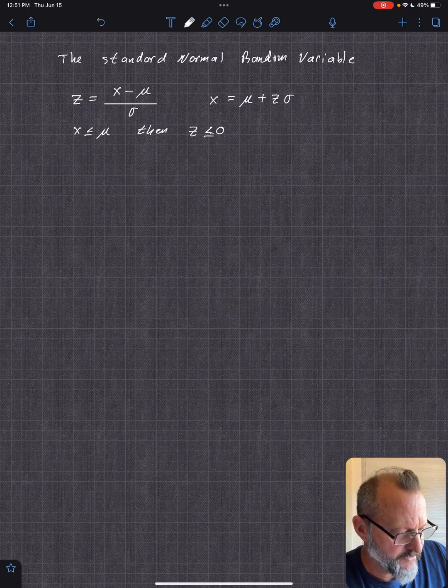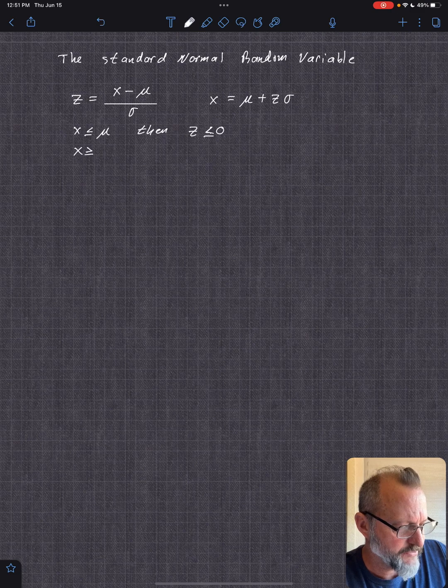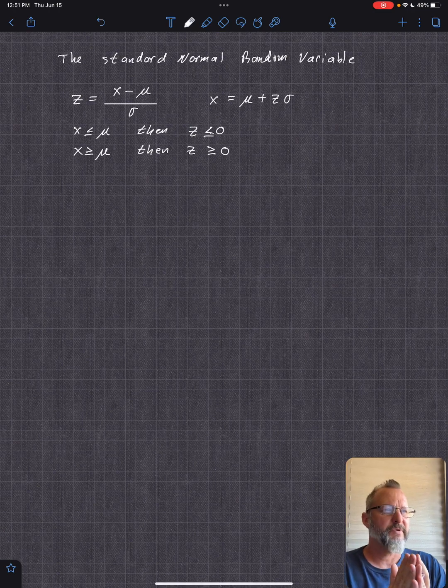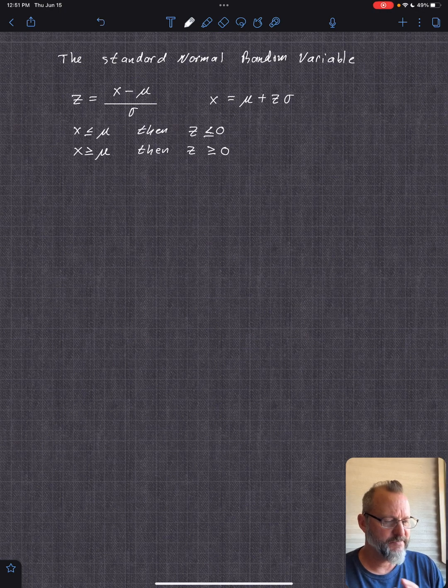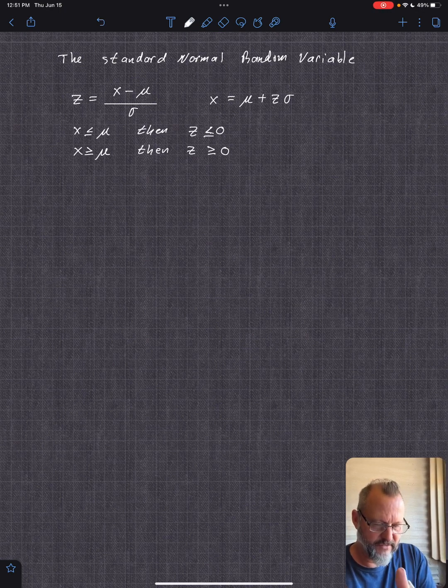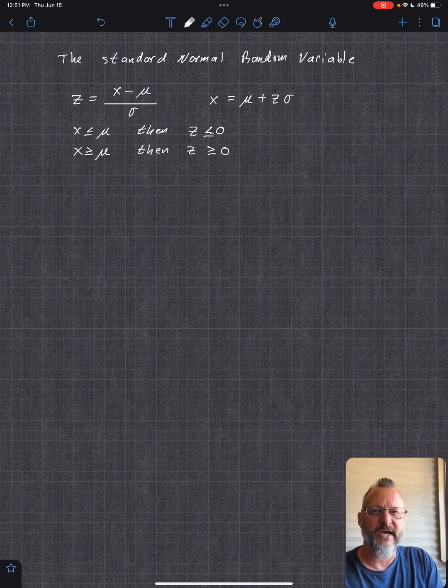And vice versa, x greater than or equal to mu, then z is greater than or equal to 0. So remember that basically what this does is put the mean at 0. And then you're talking about the same standard deviations from that 0 point.